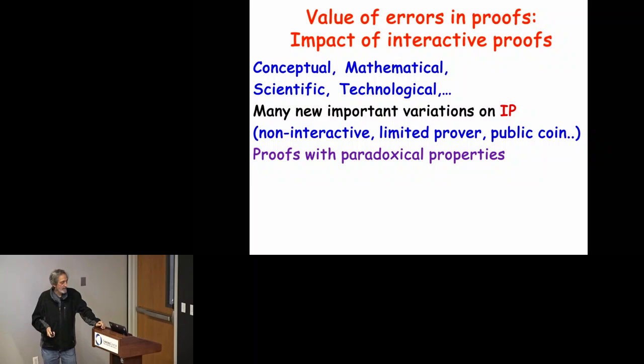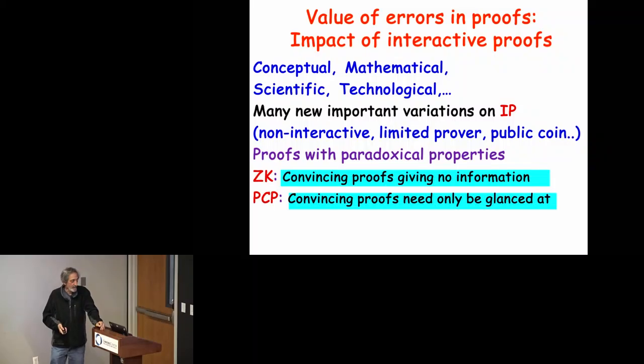I want to mainly talk about how this allows proofs to have properties that are completely paradoxical and that we do not expect, or provably cannot be attained, by normal classical deterministic proof systems. The two I'll mention are zero-knowledge proof systems and probabilistically checkable proofs. I'll explain them, so I won't do it now.